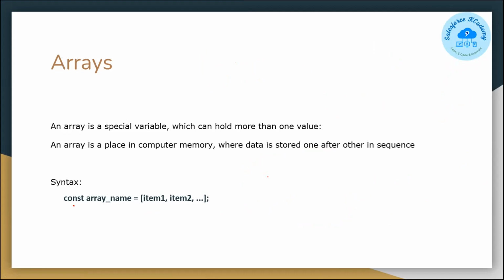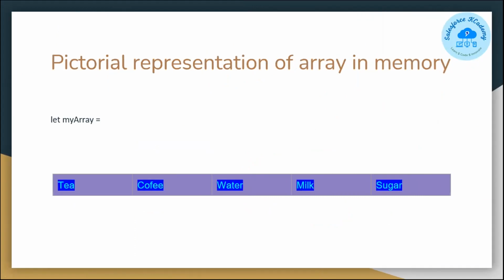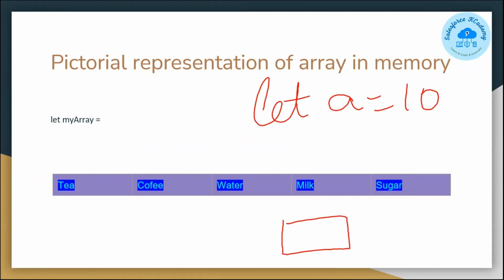Now, if you see here, this is an example of how it is getting stored in the computer. We know that if you declare any variable in the computer, it will occupy a memory. Suppose if I declare let a equals 10, that means in the computer it creates a memory block where the name of the memory block will be a and the value inside that will be 10.